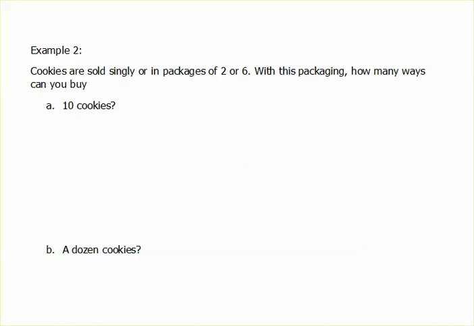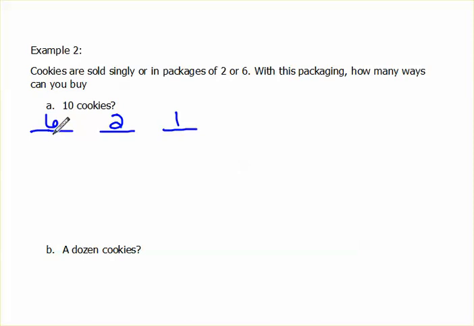So I'm going to start off, let's say, I'm going to turn my pen on here. We could have packages of 6, packages of 2, or packages of 1. I'm going to make a table to keep track of all the ways that I figure out, so that I don't miss anything or forget something.